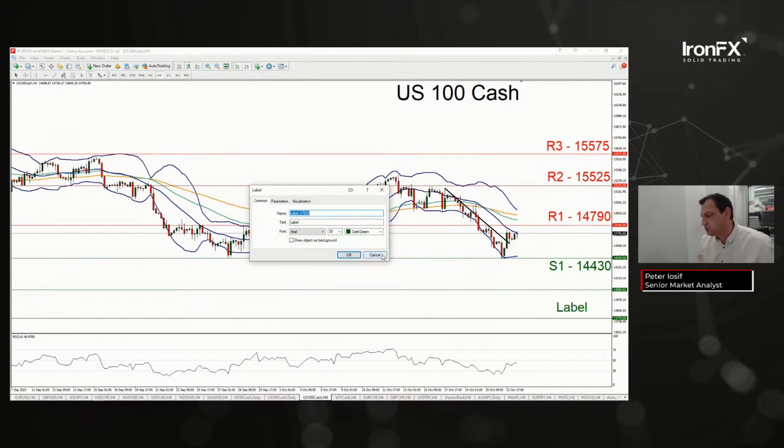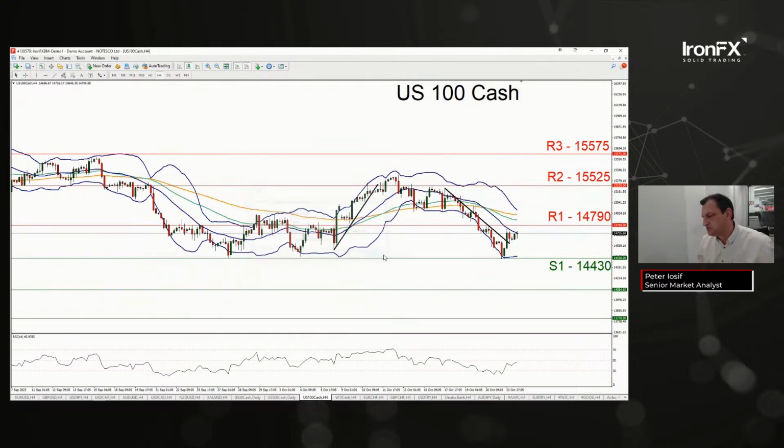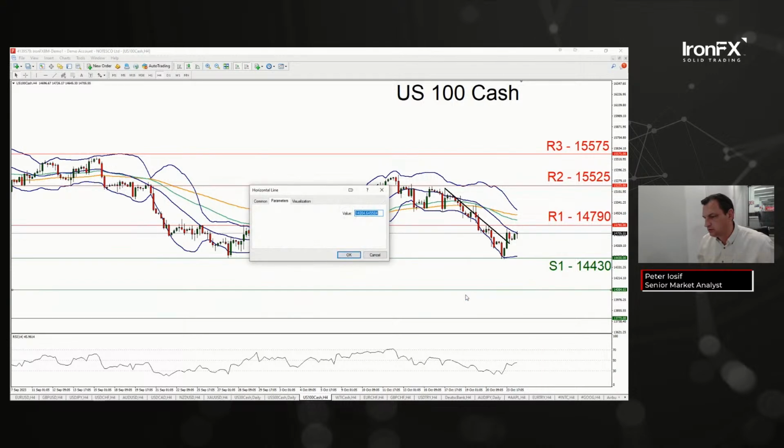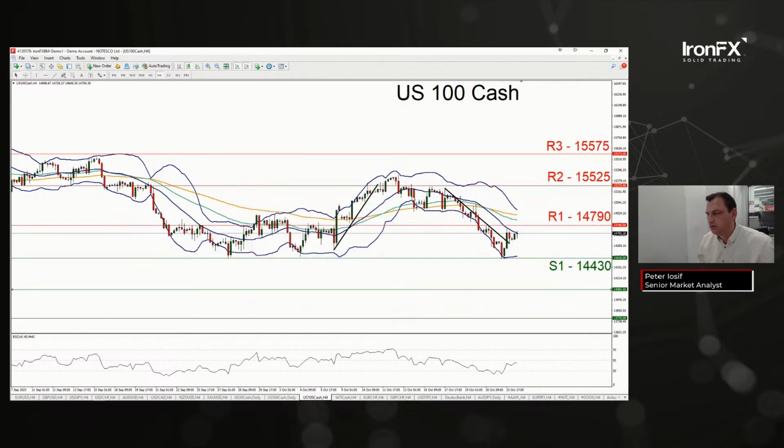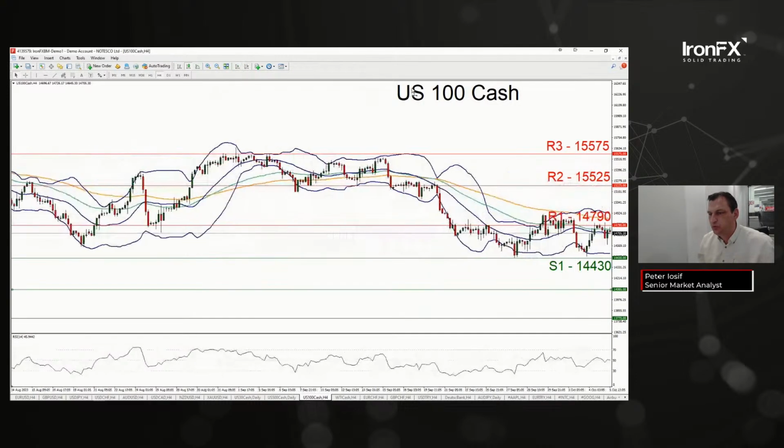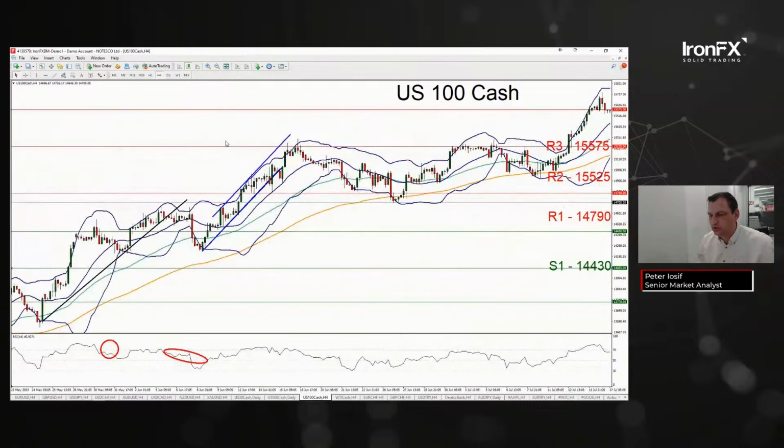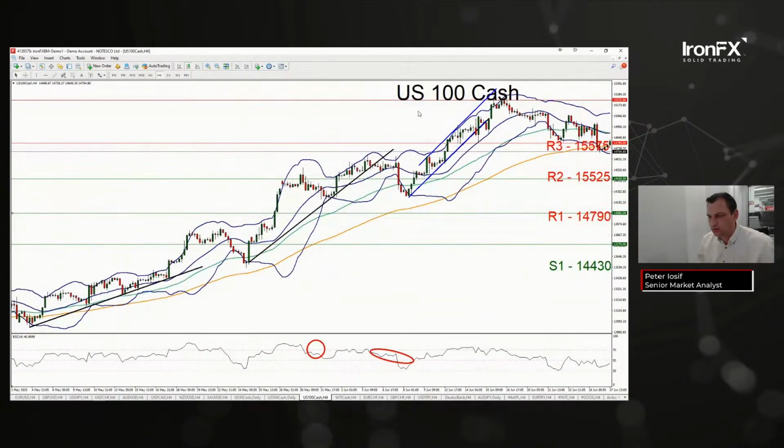And let's check also the validity of the second support line. It's at 14,085. However, I would like to see where that rests actually. Okay.